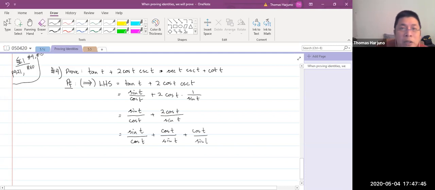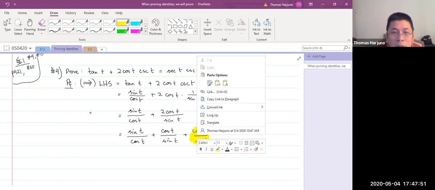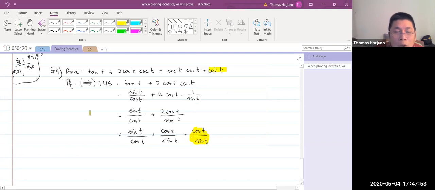Then you will see that this cotangent is something I will get from here later on. So I expect this part here will come from the combination of these two. You see what I mean?